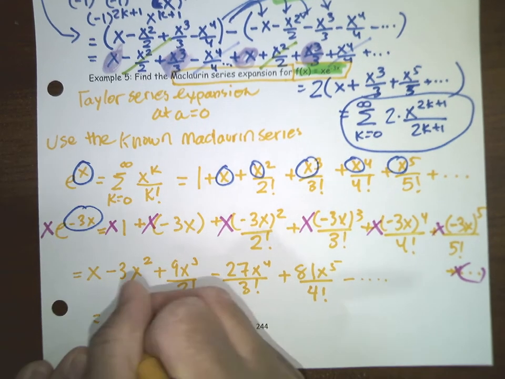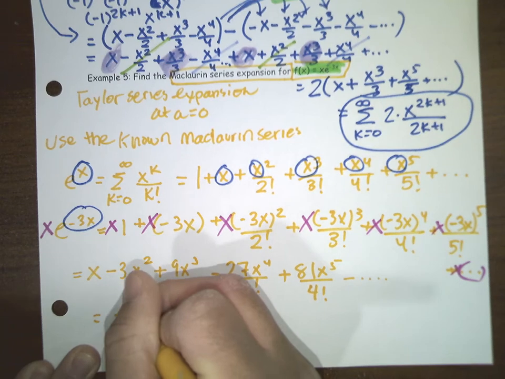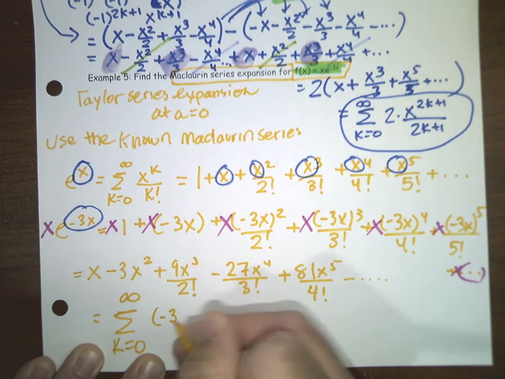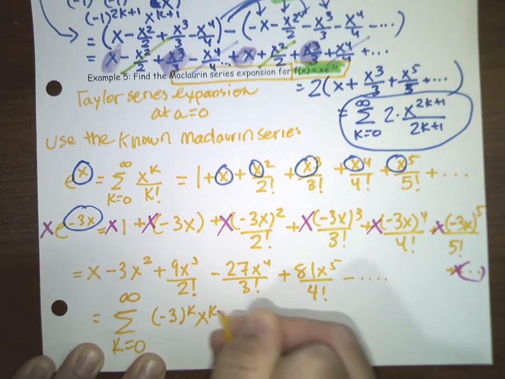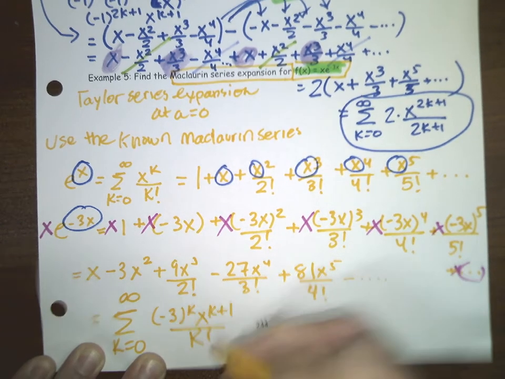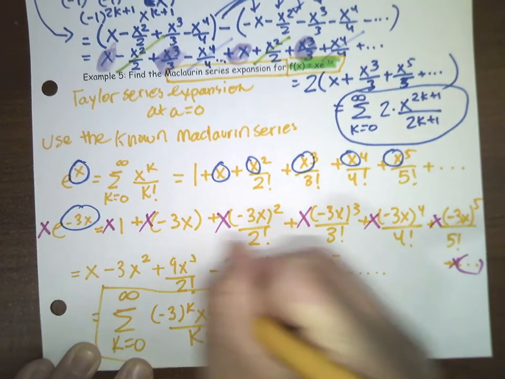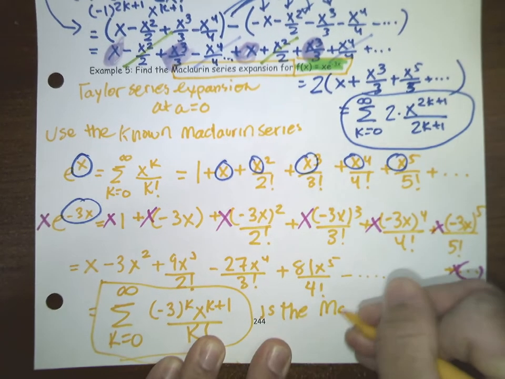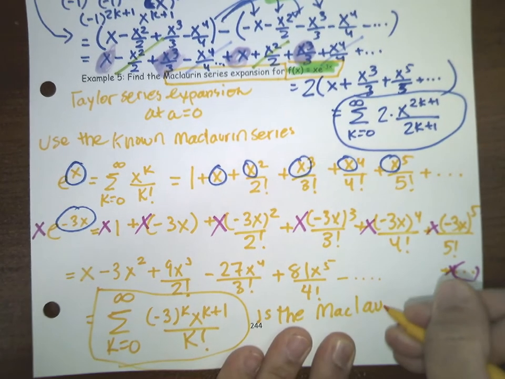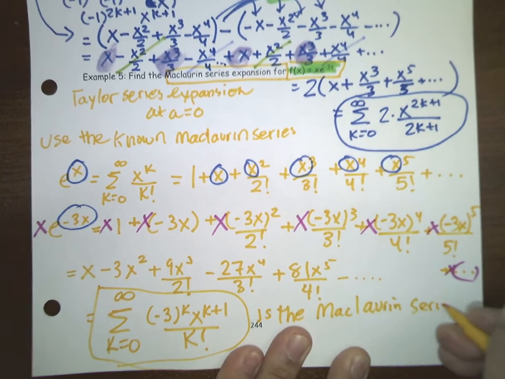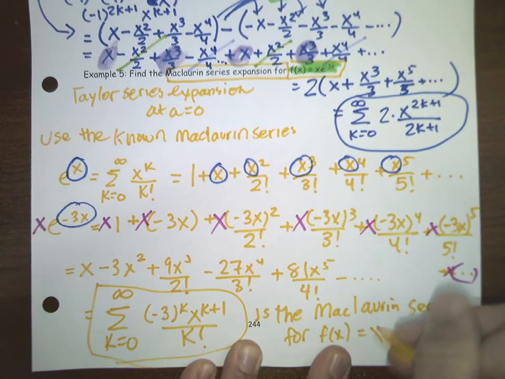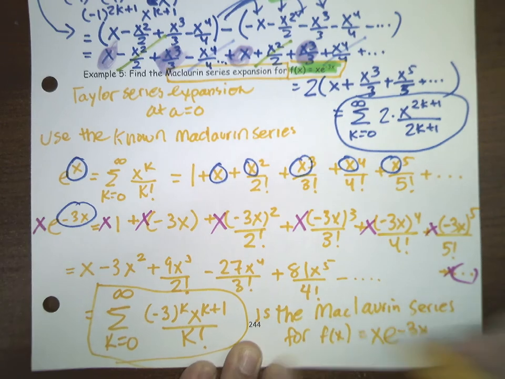It's a sum, k equals 0 to infinity, of negative 3 to the k, x to the k plus 1 over k factorial. So this right here is the Maclaurin series for f of x equals x e to the negative 3x.